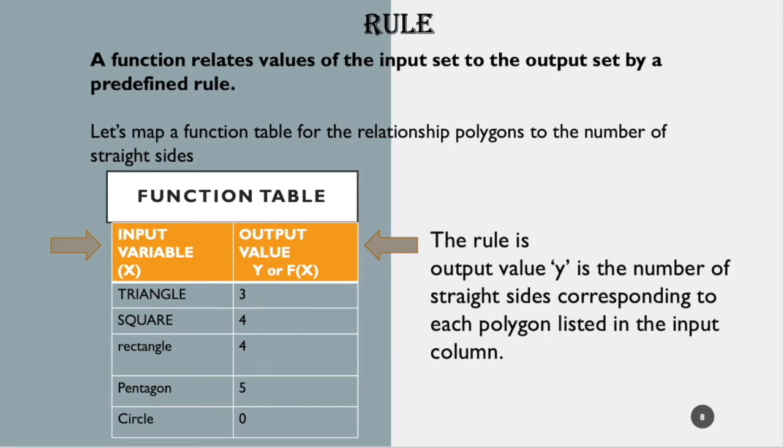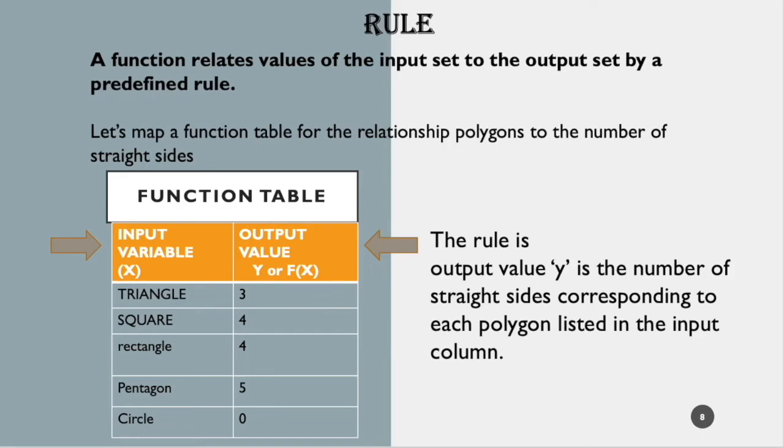And the function could be a rule that says list out the number of sides corresponding to each polygon listed in the input column. So our output value for a triangle would be 3 because a triangle has 3 straight sides.